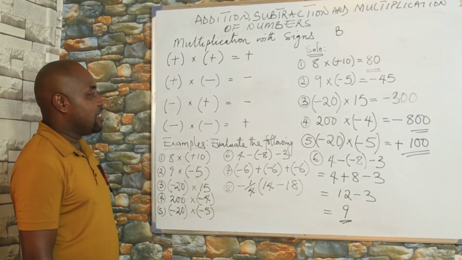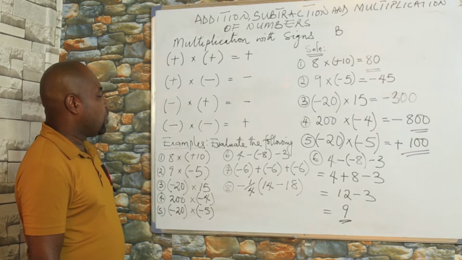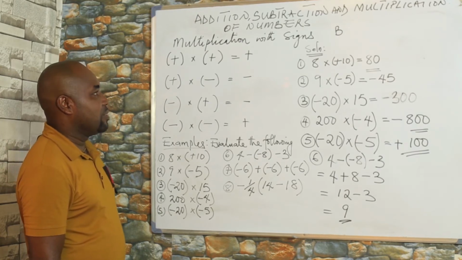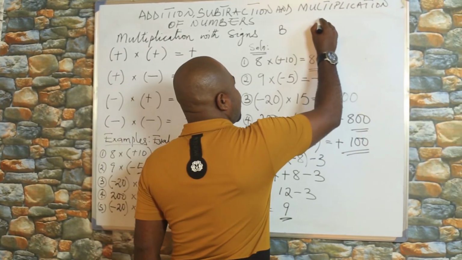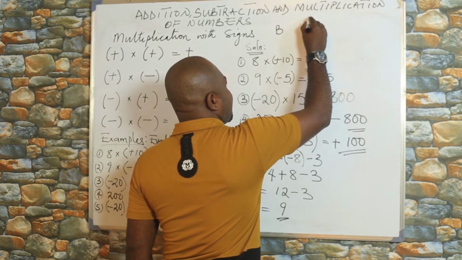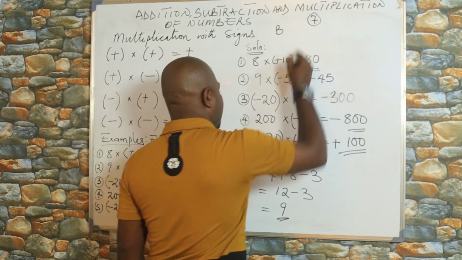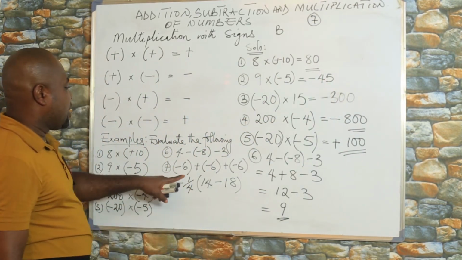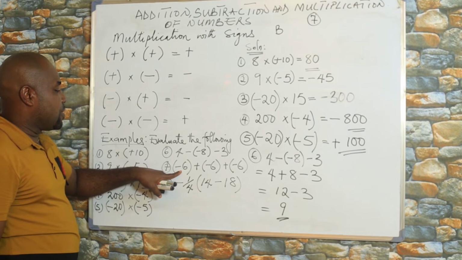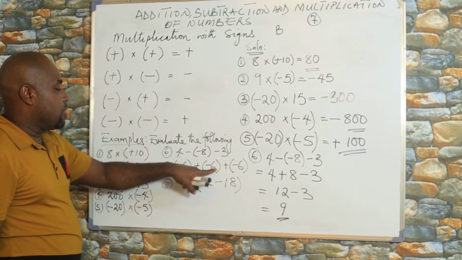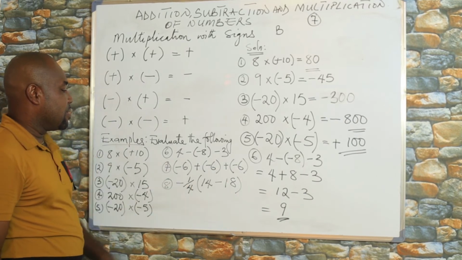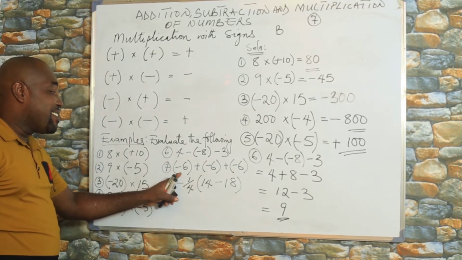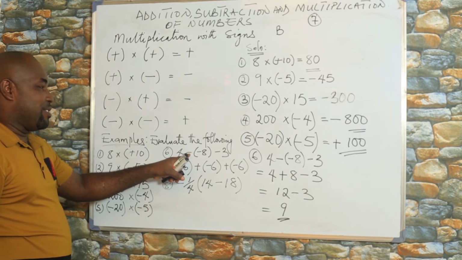Let us take the next question. Question number 7. Number 7 says minus 6 plus minus 6 plus minus 6. This is different from this.